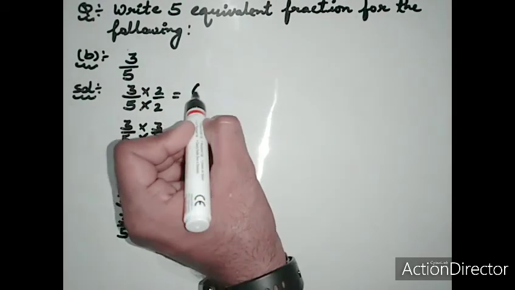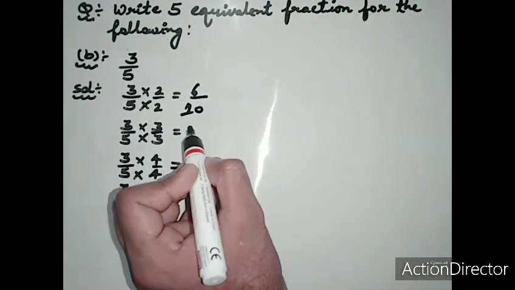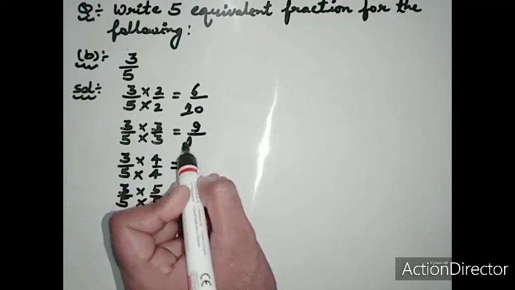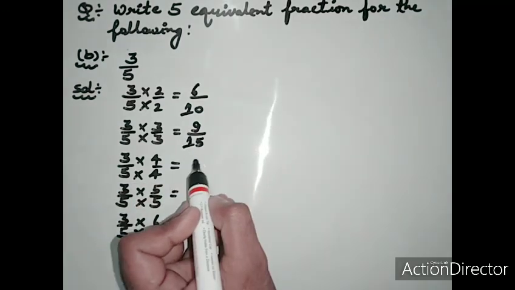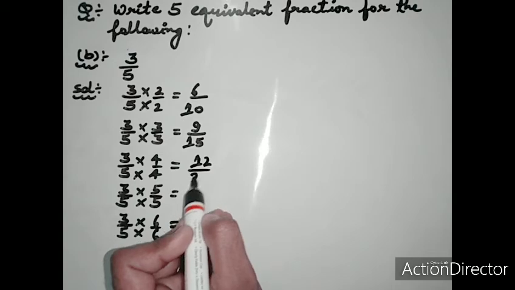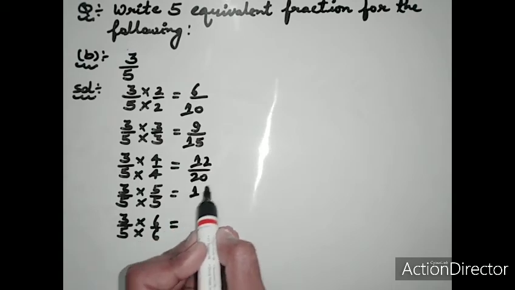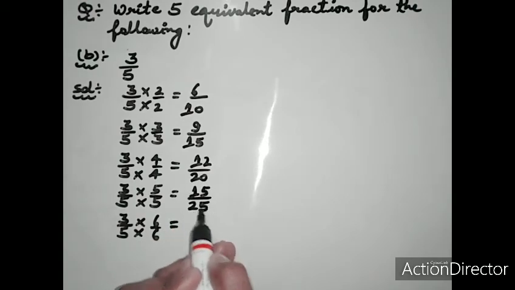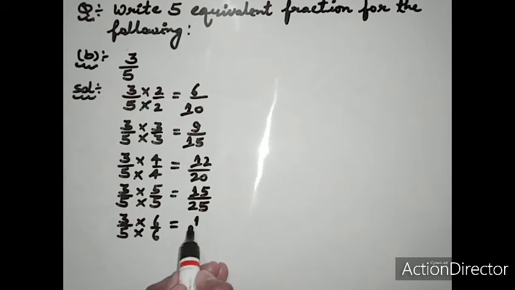So here 3 2s are 6 and 5 2s are 10, 3 3s are 9 and 5 3s are 15, 3 4s are 12 and 5 4s are 20, 3 5s are 15 and 5 5s are 25, 3 6s are 18 and 5 6s are 30. So these are the 5 equivalent fractions of 3 upon 5.